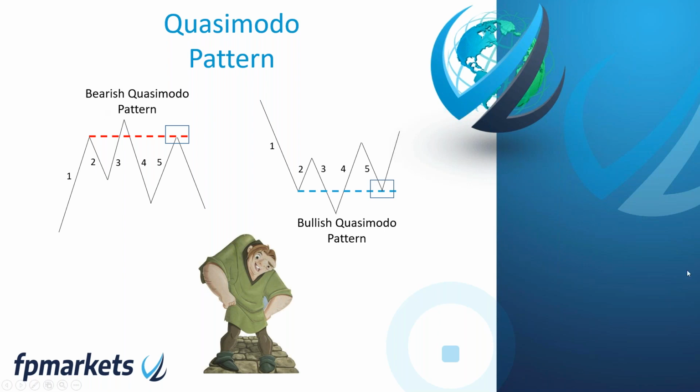But look, as I said in my last webinar, for those who were present, the important thing to take away from this is the QM is a fake out formation. The head points at here and here are the fake outs. So with the bearish QM, we fake out the previous higher high here.